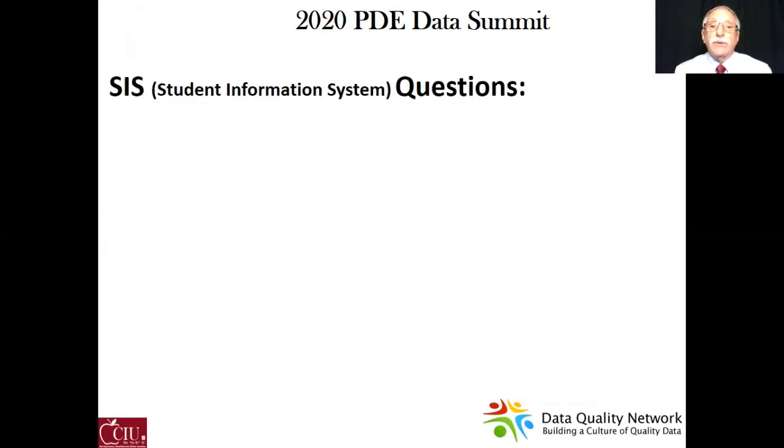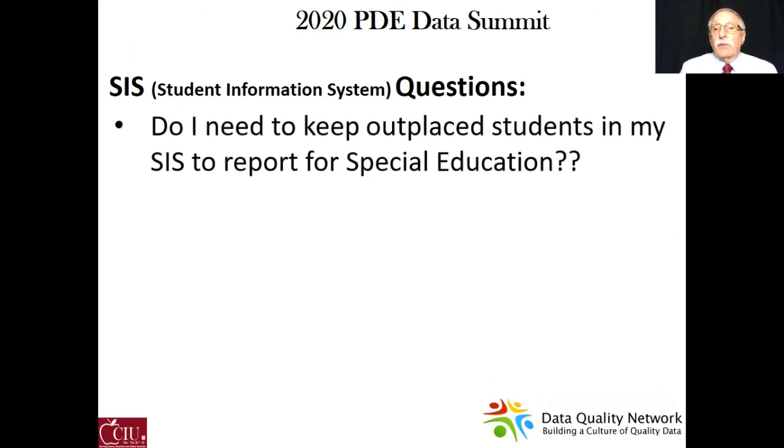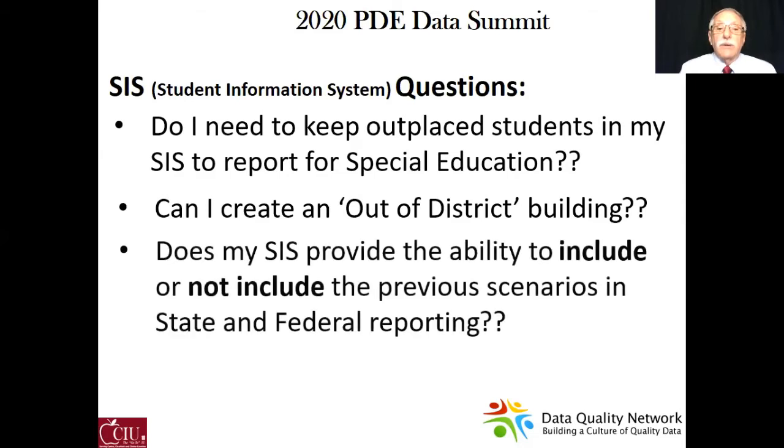So other questions we might have, that might be good to know the answers to, have to do with our student information system. If I have outplaced students, do I need to keep these kids in my SIS to report for special education? Probably do. And if I do, can I create an out-of-district building? Because that might be helpful in tracking these kids.